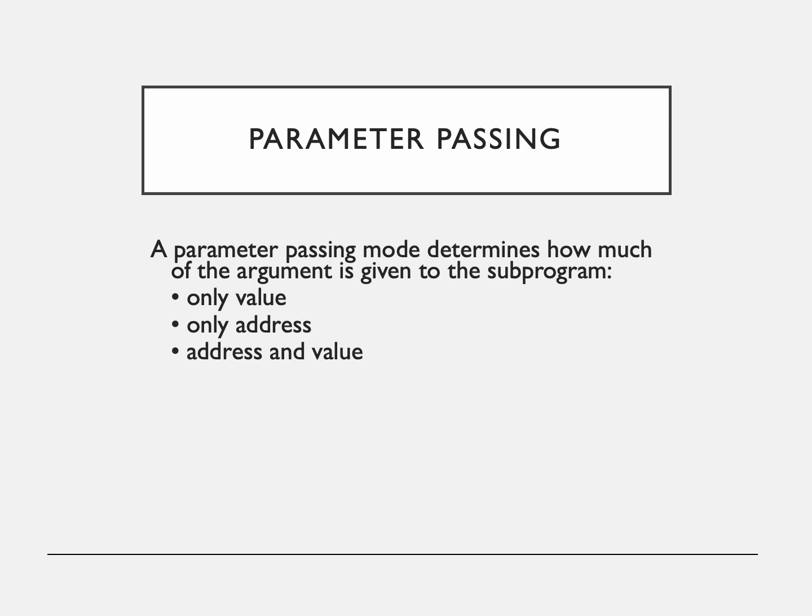Next, we can say value and address. Third one: some languages allow a combination approach where the subprogram can choose to either directly manipulate the original data or use a local copy depending on the needs of the function and the design of the program.